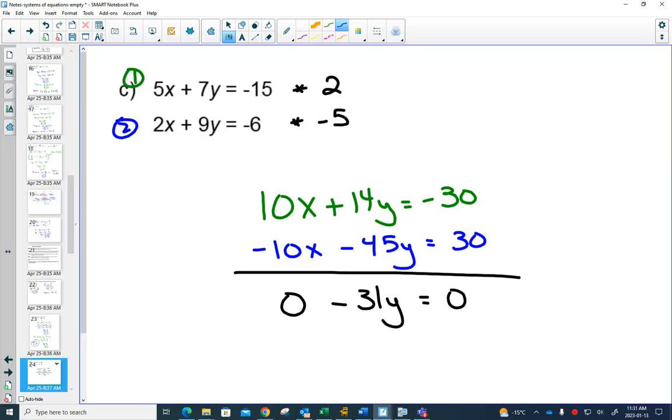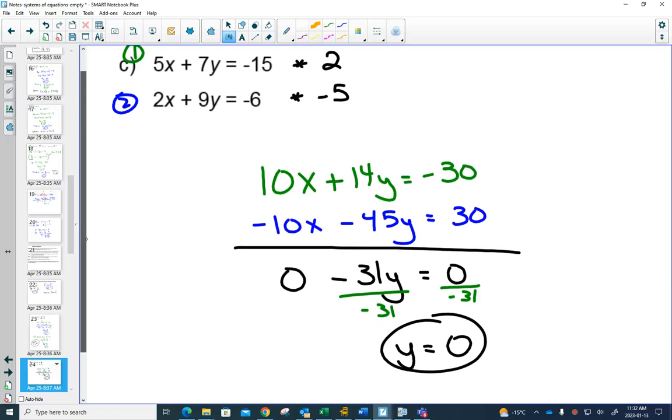So if I wanted to solve for y, I would have to divide both sides by negative 31. What is 0 divided by negative 31? 0. Excellent. So we've now solved for y.